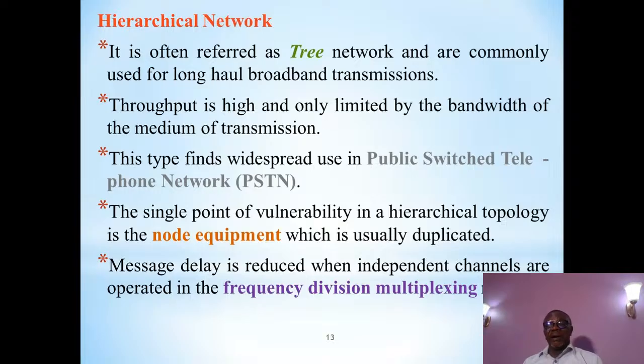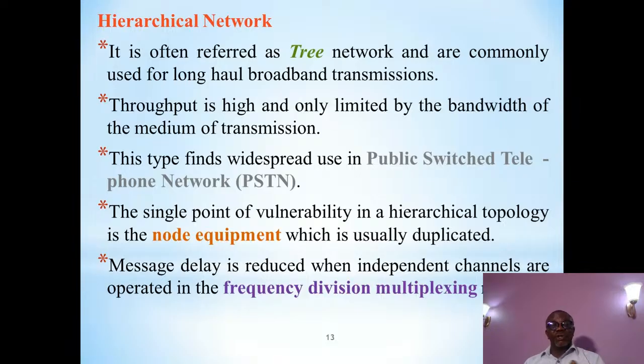If you are making use of the public switched telephone network, you see that there are hierarchies of local network, the trunk, and even if you are looking at your mobile, your GSM, you have some base stations that just collect information, signals, then transmit to a bigger station, and a bigger substation transmits to a bigger exchange where routing is done properly.